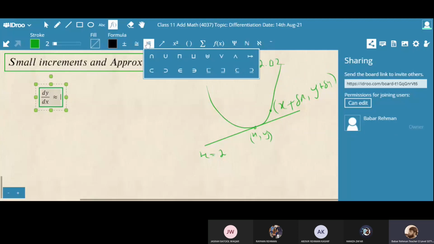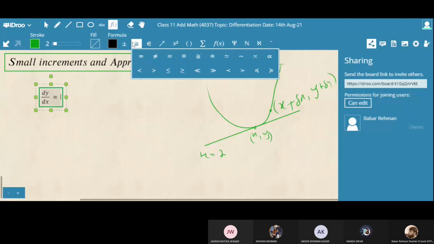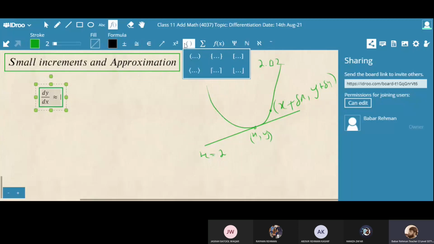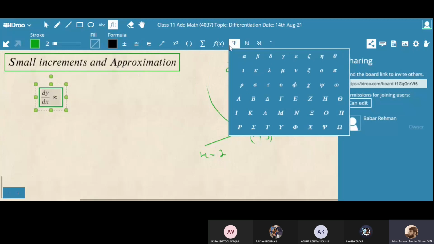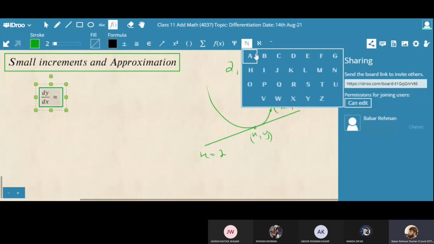Now let me find the sign for small change. Yes, I found it.